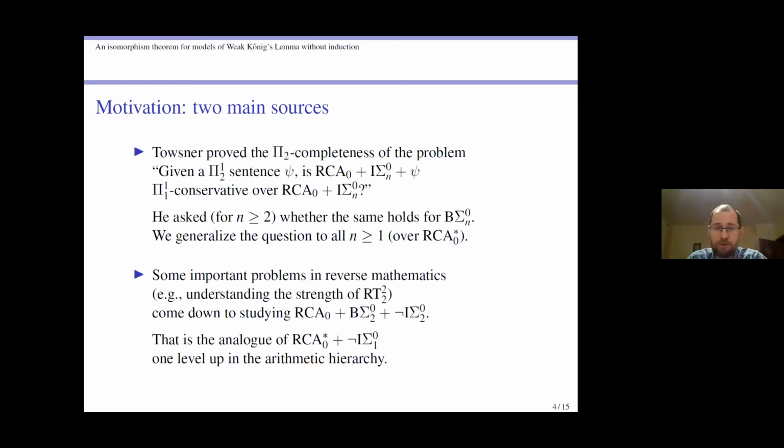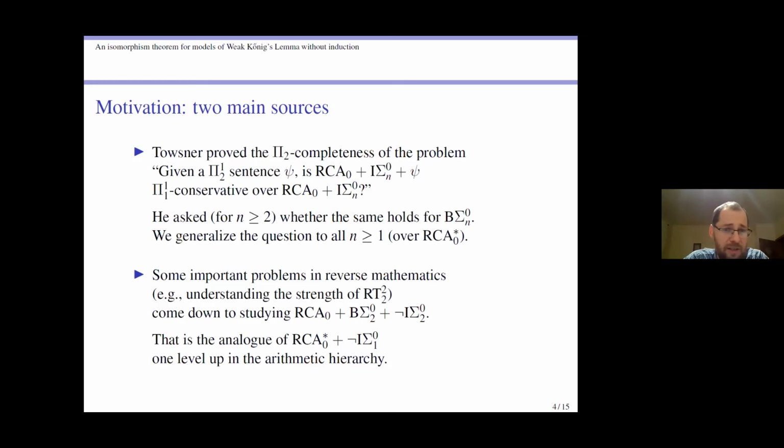Namely, Towsner proved that if you consider pi1-2 sentences and think of their pi1-1 conservativity over an induction principle as a decision problem, given a pi1-2 sentence, is it pi1-1 conservative over a certain amount of induction on top of RC0? Then that problem is pi2 complete. It's as complicated as a conservativity problem can be for recursively axiomatized theories.